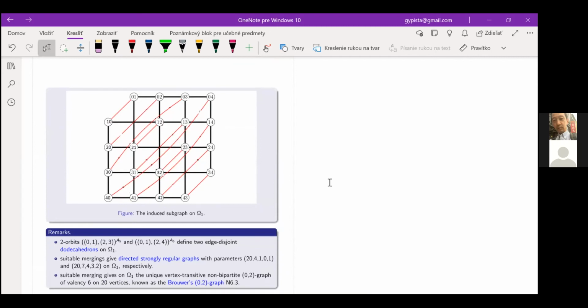And I would like to tell that in Pilsen we had 2 or 3 years ago a conference which was devoted to regularity and symmetry, and this graph was selected as the logo of that event, and in the corresponding description the induced subgraph on omega 1 was displayed incorrectly, so there were some unnecessary edges in that paper, so this should be correct, and the correct picture is visible here.